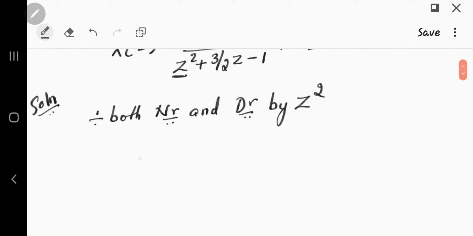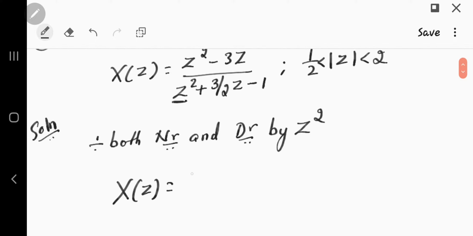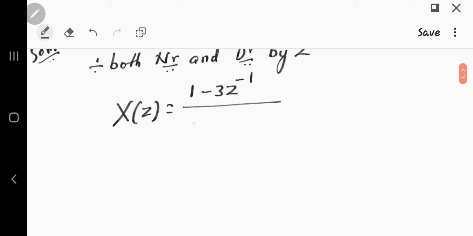Then we get X(z) = (1 − 3z⁻¹) / (1 + (3/2)z⁻¹ − z⁻²). Both the numerator and denominator are divided by this term.